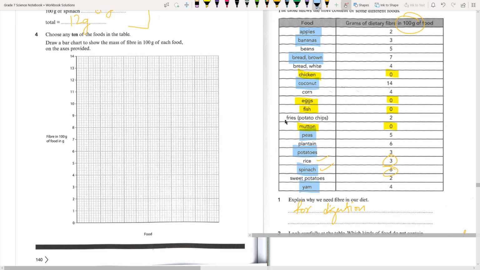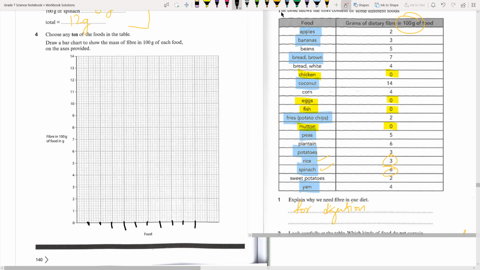Two more, right? Fries, right? Potato chips. And then we can go with rice, right? So I'm just going to put 10 of these, right? Each one. I'm going to go with 1, 2, 3, 4, 5, 6, 7, 8, 9, and 10, right?